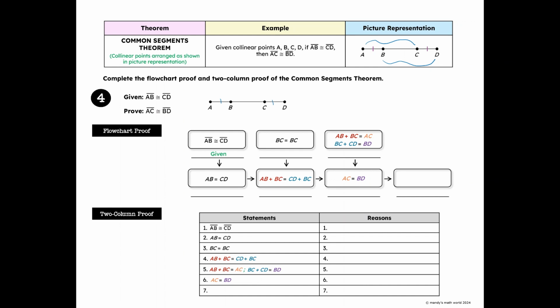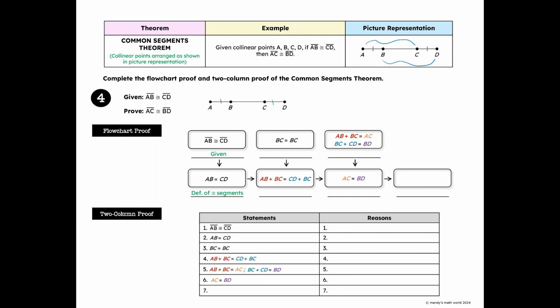Well, look at that arrow down right here. If we know those segments are congruent, we know their lengths are equal by the definition of congruent segments. Moving on, right up here, BC equals BC. So the length of segment BC is equal to the length of segment BC.